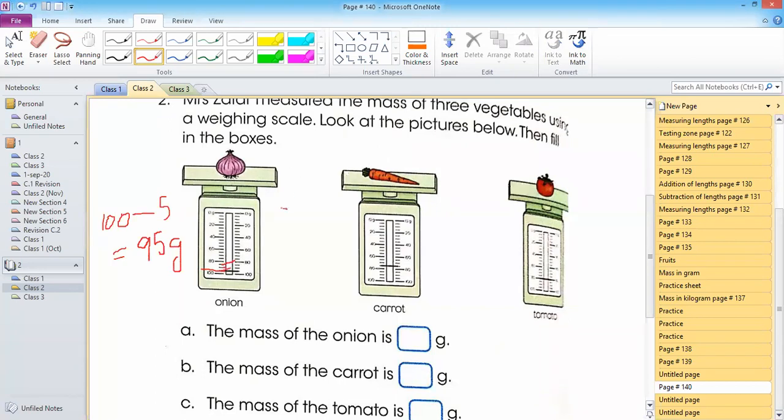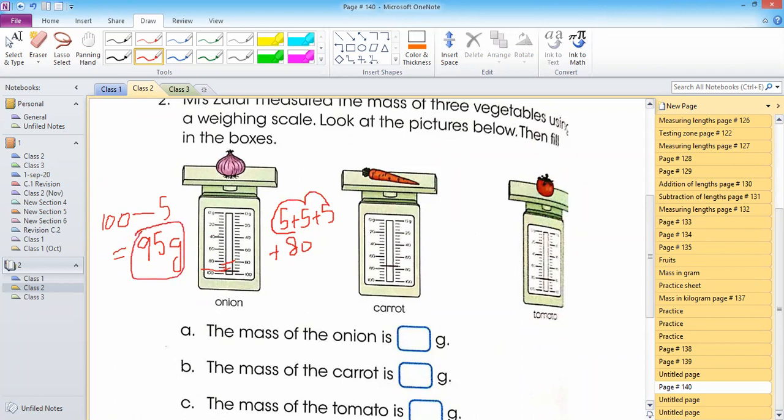That means to 80 you will add 5 three times. So 80 plus 5 is 85, 85 plus 5 is 90, and 90 plus 5 is 95. In both ways the answer will be the same, 95 gram.